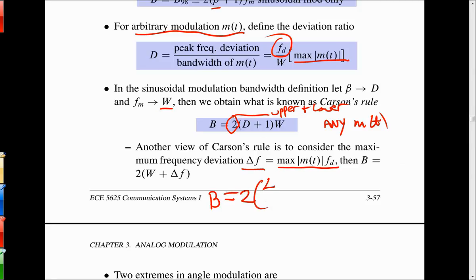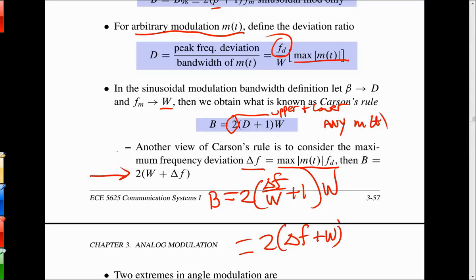D was delta f over W, right? The bandwidth of the signal, plus 1, then times W. If I just simply absorb the W inside, I will have 2 times delta f plus W, which is what I had right here. So that's just another way of looking at it.